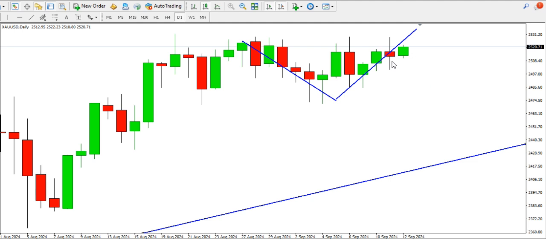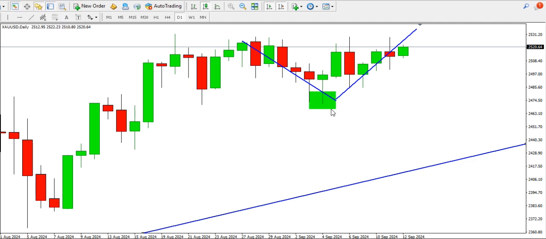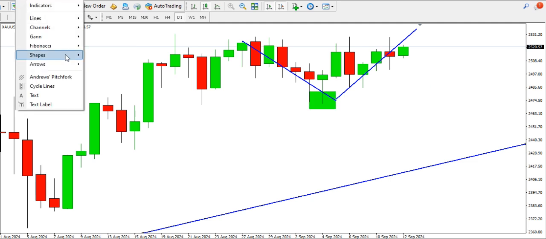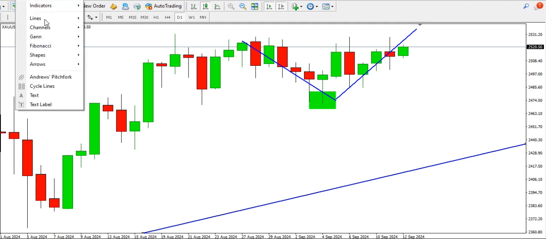What we are looking at is the entrance of the buyers. Buyers were able to enter around here. We are looking at how buyers are able to enter the market and change the direction of price.